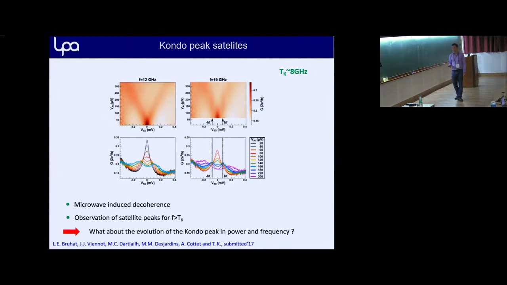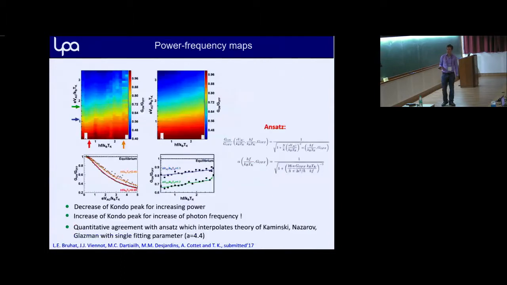But now what we're interested in, which was not investigated so far, is the evolution of the Kondo peak in power and in frequency, because now we have an independent calibration for the power. So it's not just that we did things experimentally right, but now we can really test thoroughly the theory of the AC Kondo effect. And this is what we have. Here is the map of the conductance normalized by the conductance in absence of microwaves as a function of the frequency and the AC amplitude.